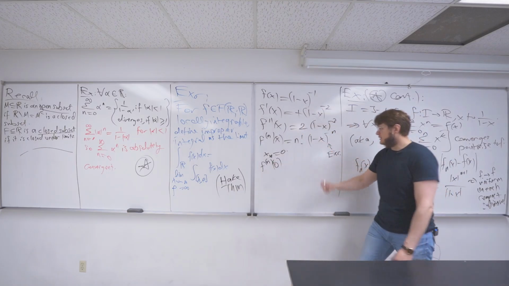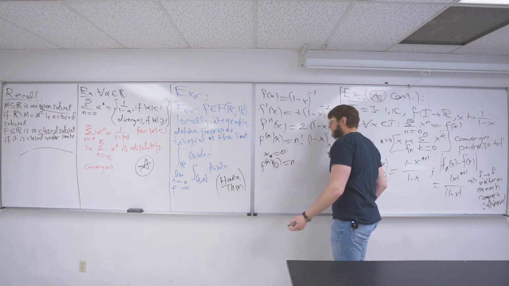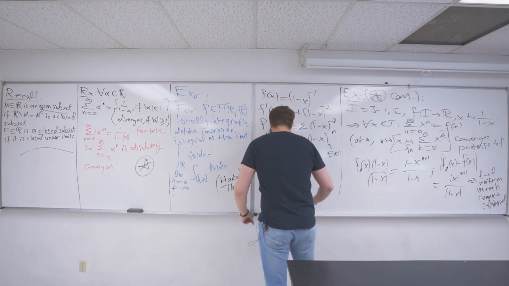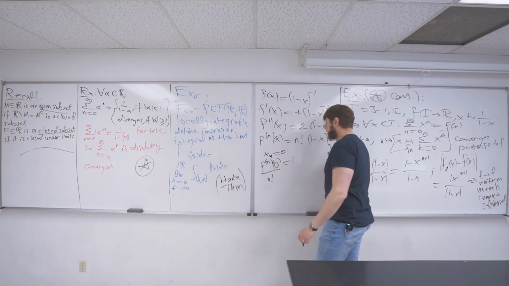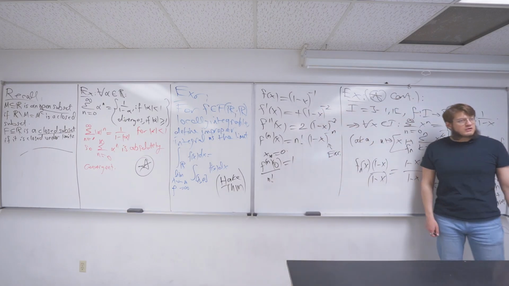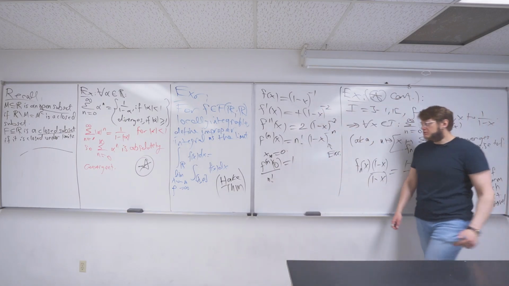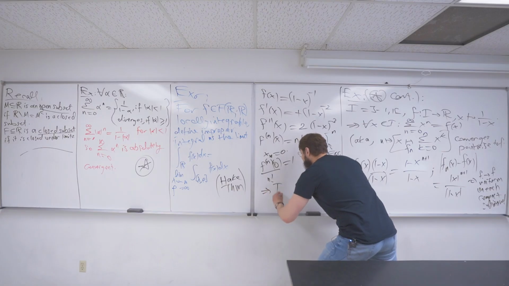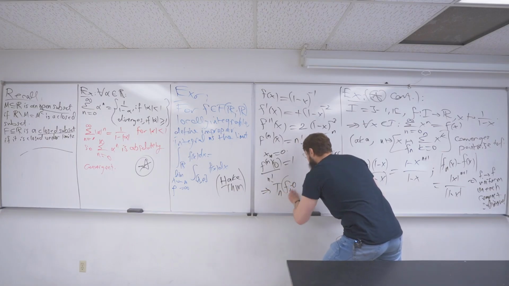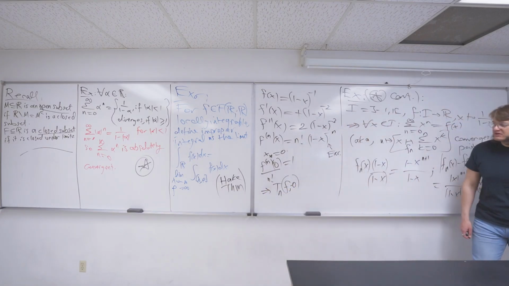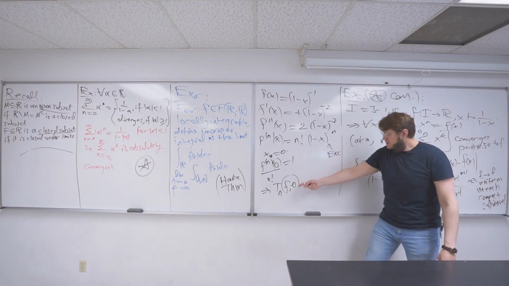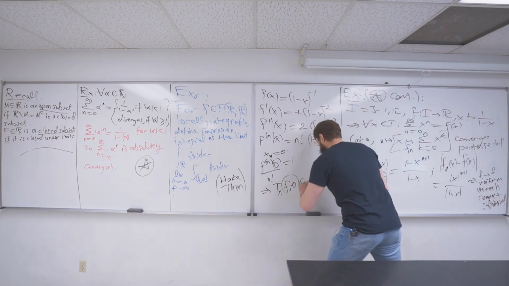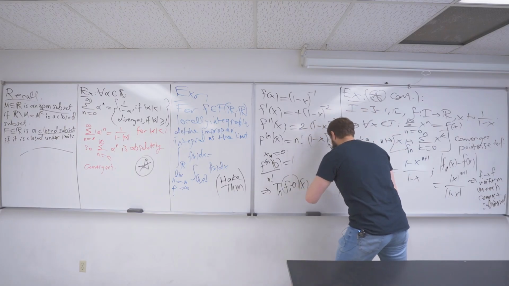This is just going to give you 1. And in fact, maybe I should write it like this. Nth derivative divided by n factorial is 1. Therefore, the nth Taylor polynomial of this function at x star equals 0, at the origin, is precisely this.